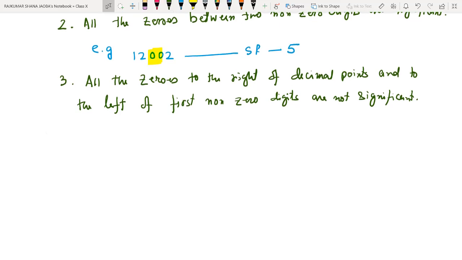For example, 0.00053. Why? Zeros on the right of the decimal point and on the left of the non-zero digit, that is 5, are not significant. So it has only 2 significant figures.